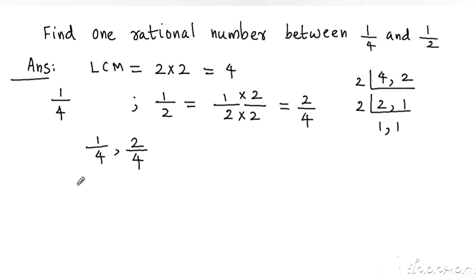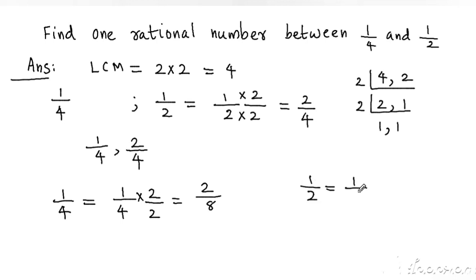You can see 8 is a common multiple of 4 and 2, so convert the denominators into 8. Multiply the numerator and denominator of 1 by 4 by 2, you will obtain 2 by 8. Then for 1 by 2, multiply by 4 so you will obtain the denominator as 8. Multiply numerator and denominator, you will obtain 4 by 8.